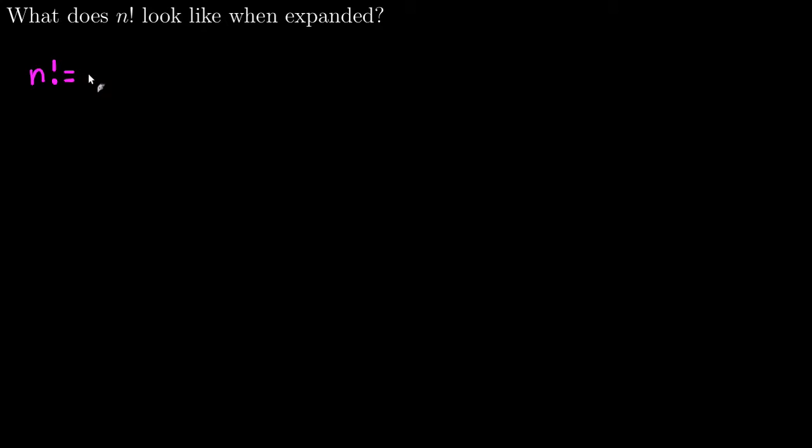It's going to end up being n, and then we multiply that by 1 less than n, multiply that by 2 less than n, and I can continue multiplying all the way down to 2 times 1.